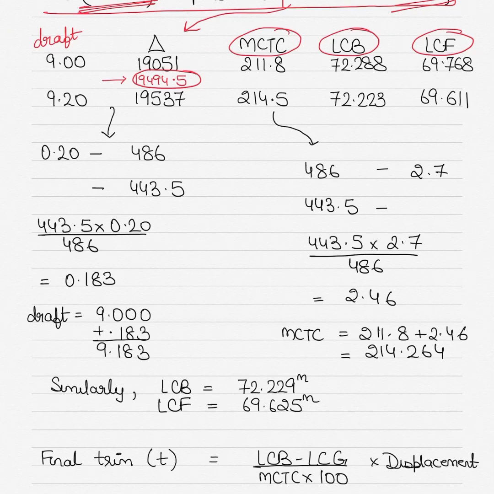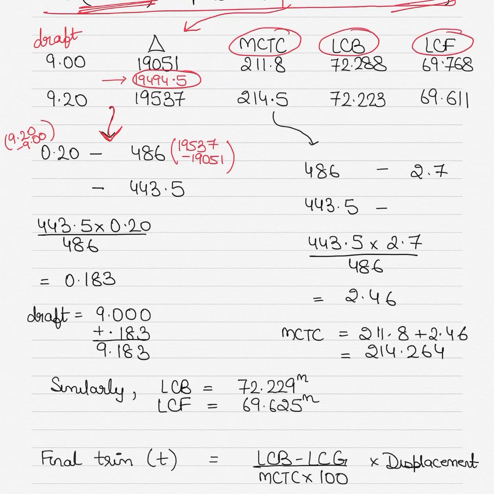So let me show you how I found out the draft of the vessel in the sea water. The draft of the vessel in the sea water can be calculated because we have the displacement 19494.5, which lies between 19051 and 19537. So to calculate the draft, find out the difference between 19537 minus 19051, because this is the difference in displacement for a change in the draft by 0.2 meters, that is 9.2 minus 9.